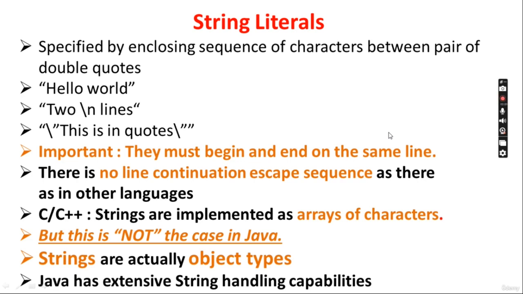All these methods are defined in the String class, and whatever you declare as a String will be considered an object. So it is not an array of characters like in C and C++.